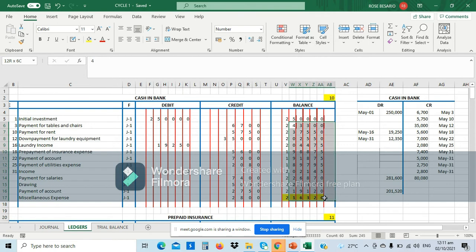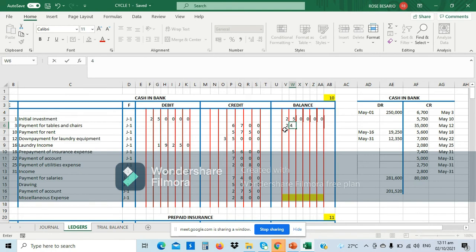So I'll just clear it out to be sure. So we have 250,000 minus 6,700. So we have 243,300.